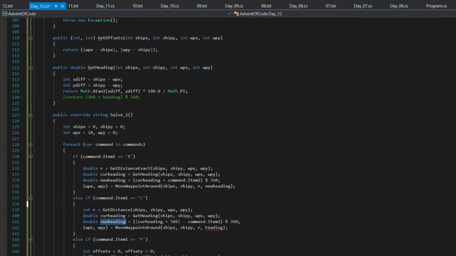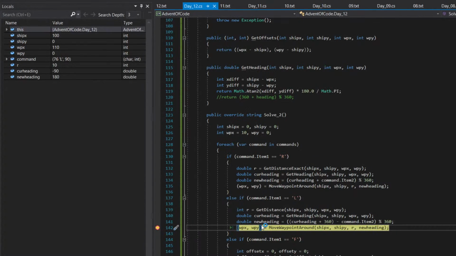Ooh. Oh. 100. Why 100? Well, it moved in the correct position, but where did this 100 come from?